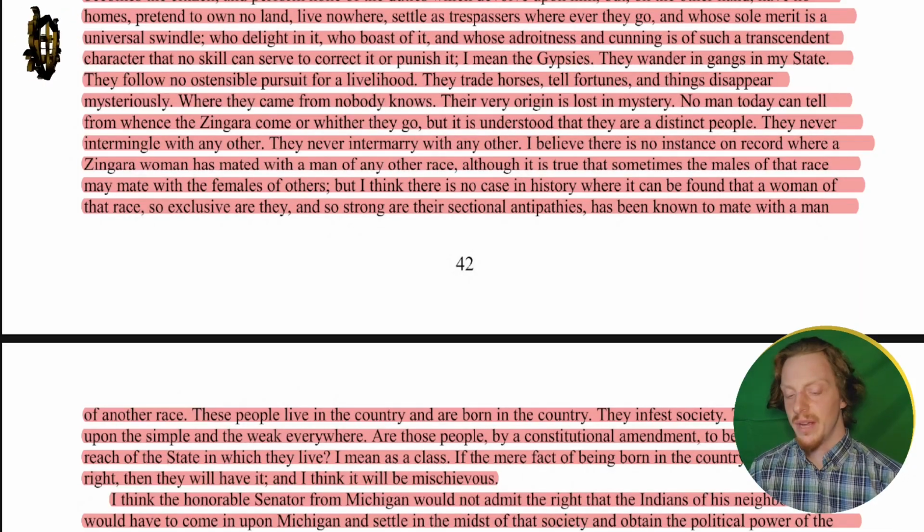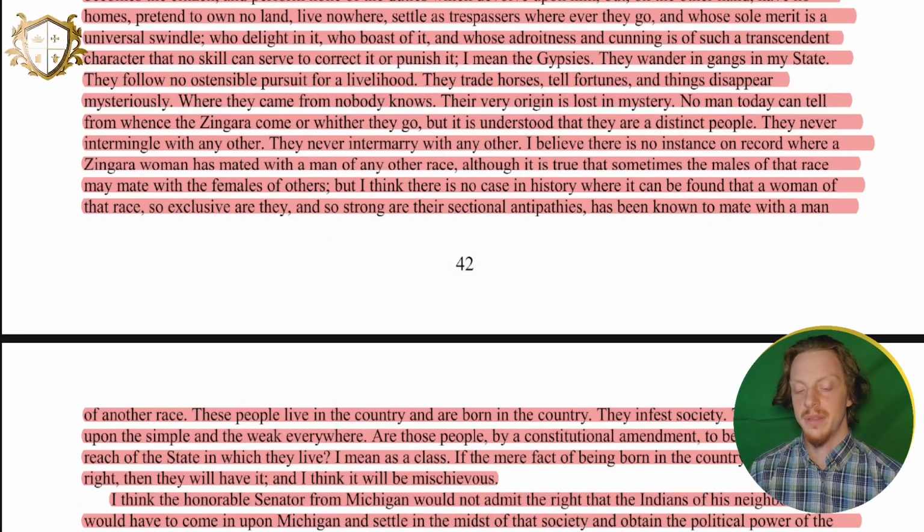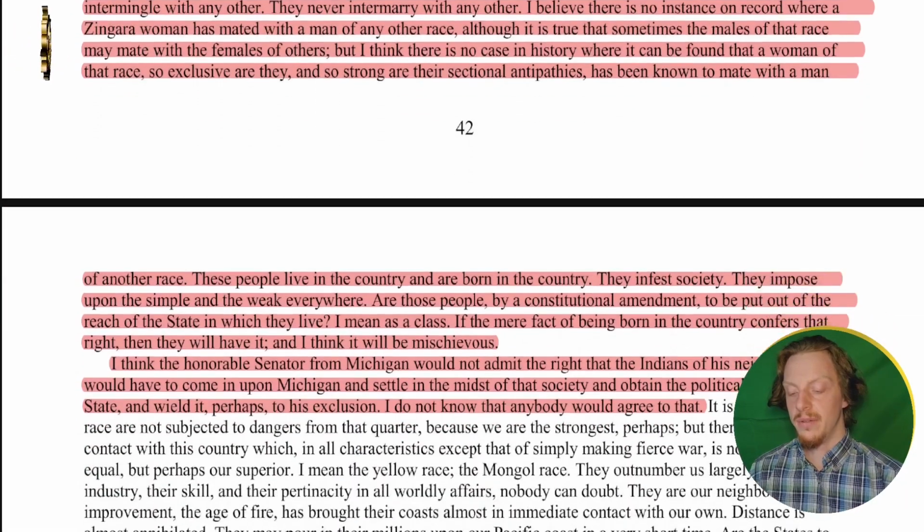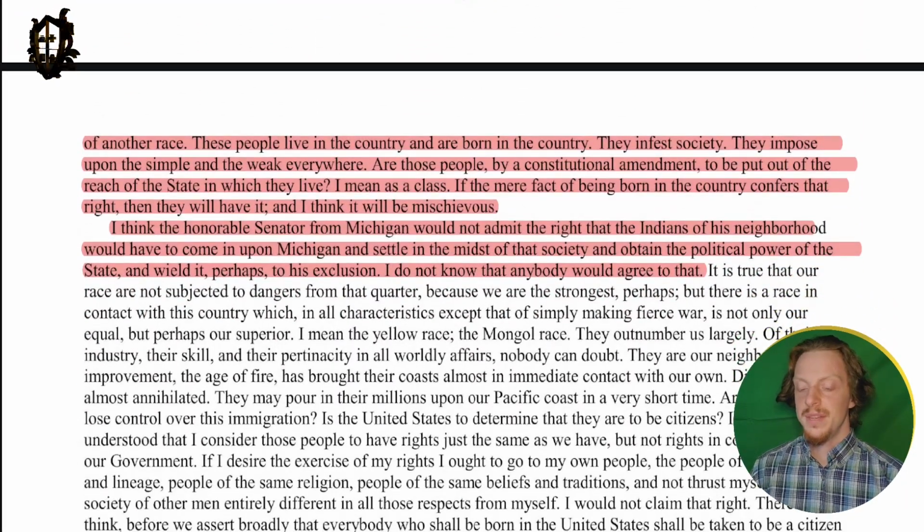But I think there is no case in history where it can be found that a woman of that race, so exclusive are they, and so strong are their sexual antipathies, has been known to mate with a man of another race. These people live in the country and are born in the country. They infest society. They impose upon the simple and weak everywhere. Are those people by a constitutional amendment to be put out of the reach of the state in which they live?